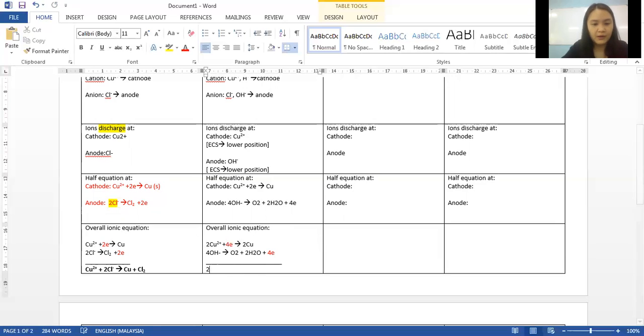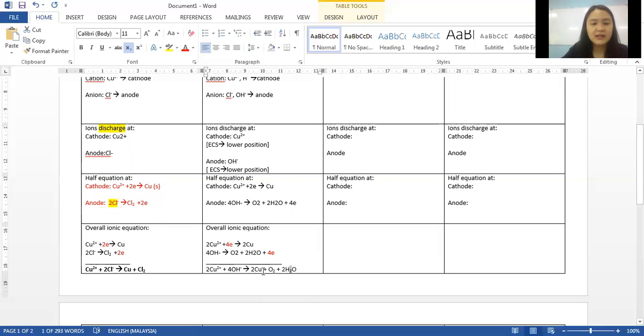Therefore, I have 2 Cu2+ and 4 OH minus in front of the arrow. I put them together, then arrow, then put those at the back: 2 Cu plus O2 plus 2H2O. All right, so this is my overall equation. Let me just do this nicely for y'all. Okay, so that's my equation.